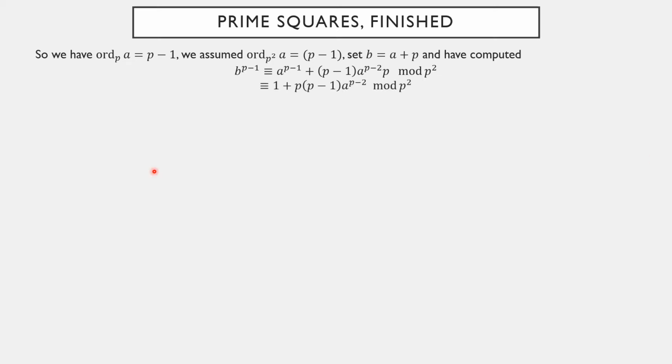However, since we did assume that the order mod p squared of a was p minus 1, a to the p minus 1 is equivalent to 1 mod p squared. And therefore, p squared is a factor of b to the p minus 1 minus all of this. And if we distribute that minus sign, we get minus 1 minus this expression here.